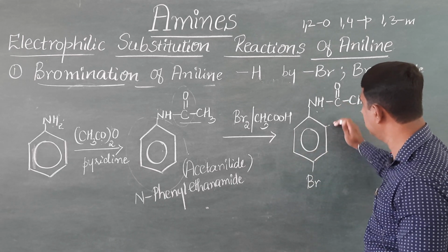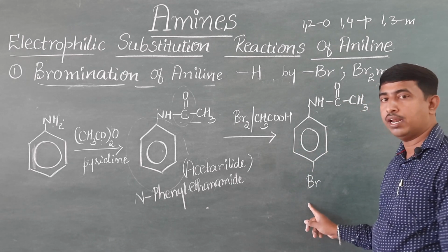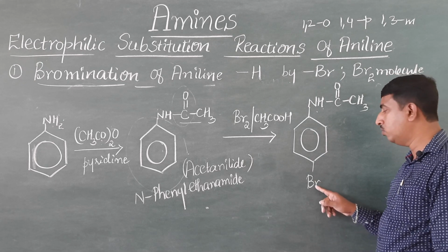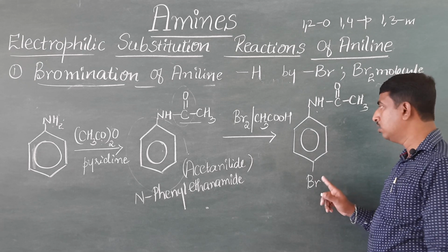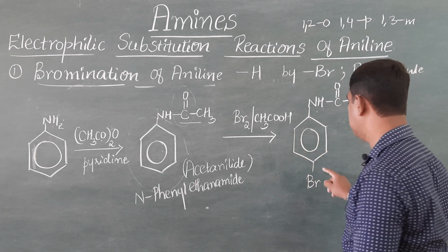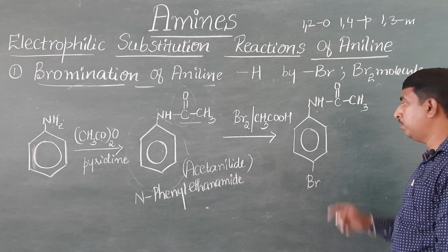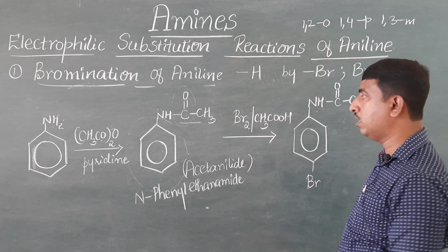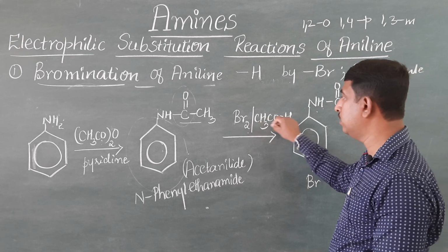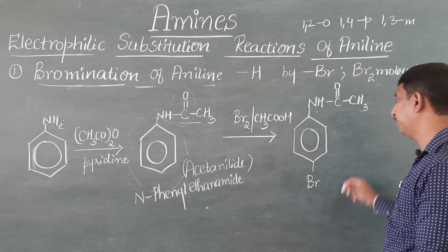So I prefer the para position, that is Br, at the para position 1 4. So bromination occurs at the para position. So first step is acetylation. Second step is bromination by adding bromine in the presence of acetic acid.